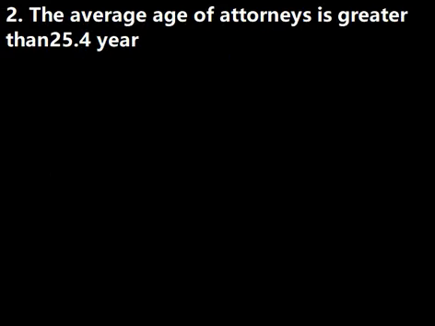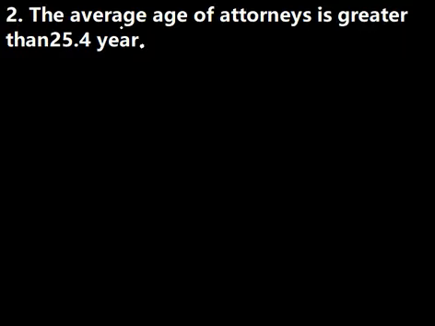Now let's say we have this case: the average age of students is greater than 25.4 years. What is the null hypothesis and what is the alternative hypothesis?